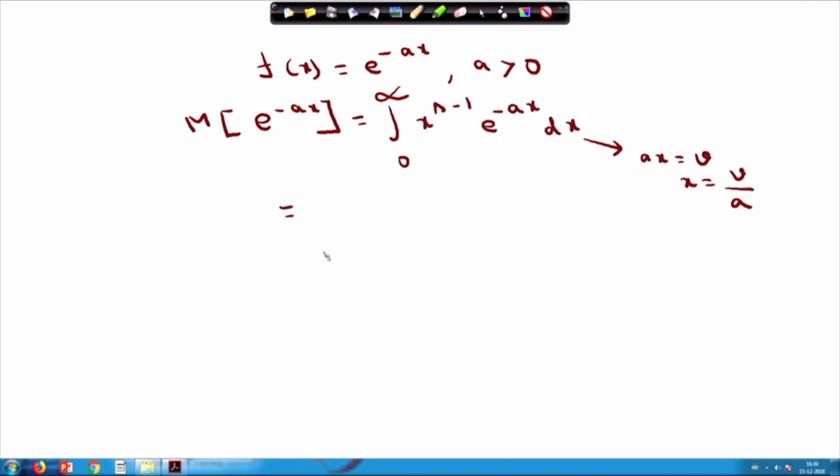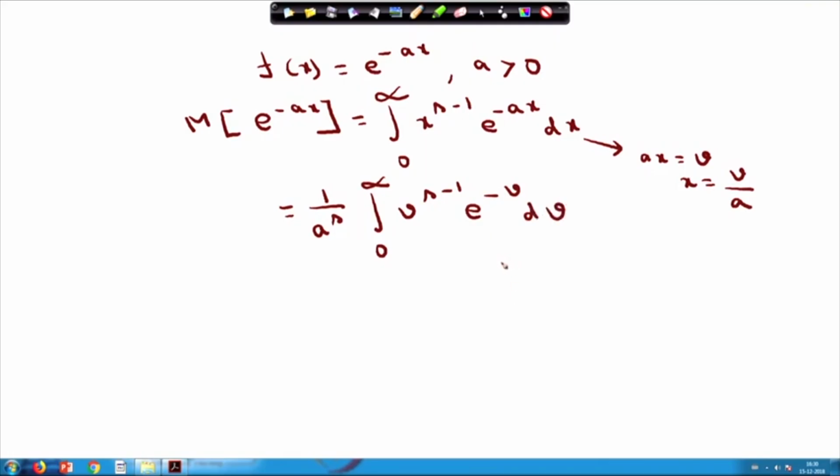So, x to the power s minus 1 means 1 by a to the power s minus 1, and when I differentiate, dx will be 1 by a dv. So, it will become 1 by a to the power s, integral from 0 to infinity of v to the power s minus 1 into e to the power minus v dv.